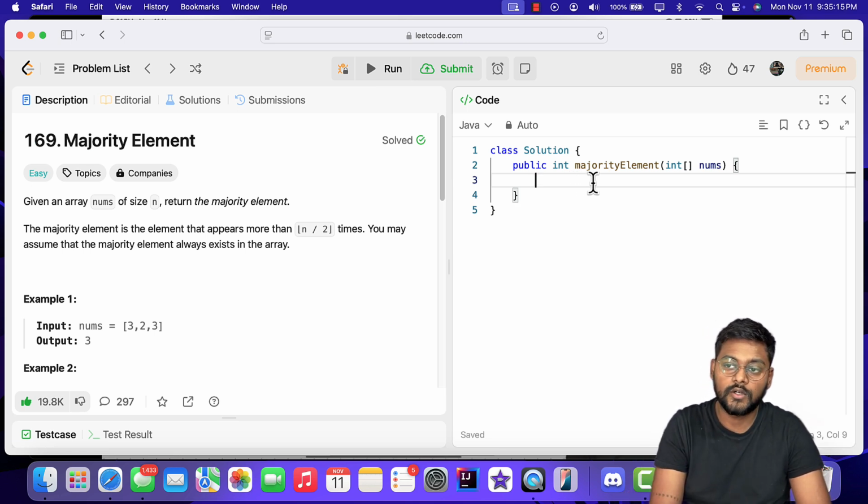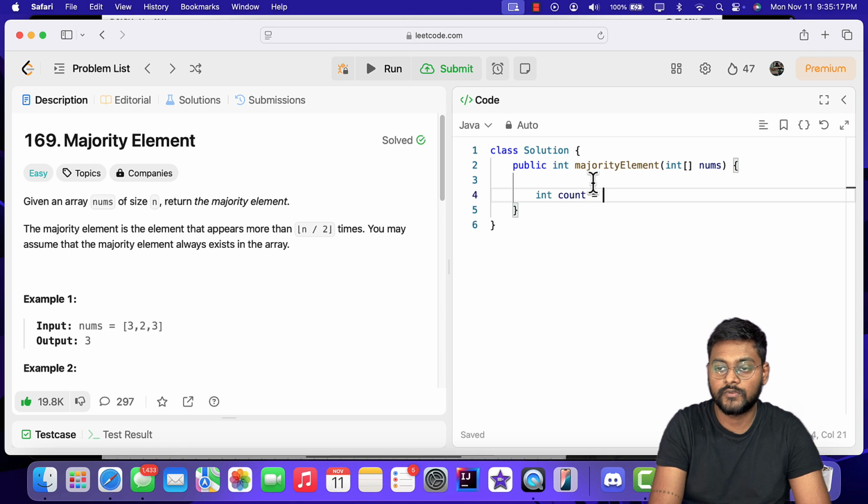Firstly I'm going to iterate over this array, and I'm keeping track of the count variable. Count is initially 1, and I can initialize the candidate as nums of 0.